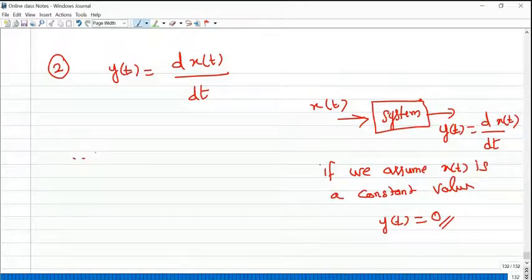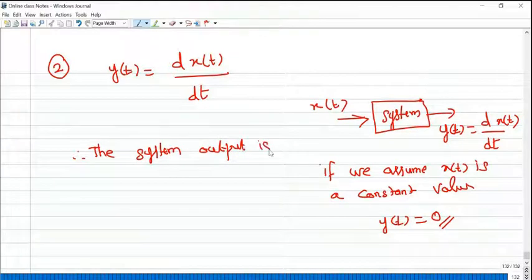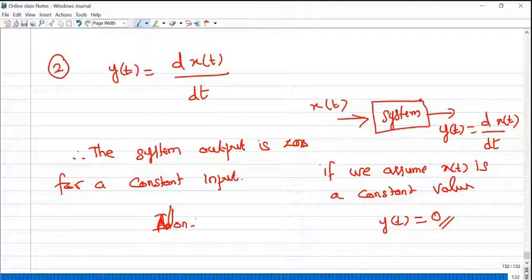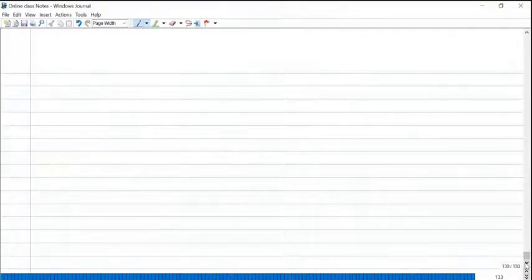Therefore, the system output is 0 for a constant input. Therefore, it is non-invertible.